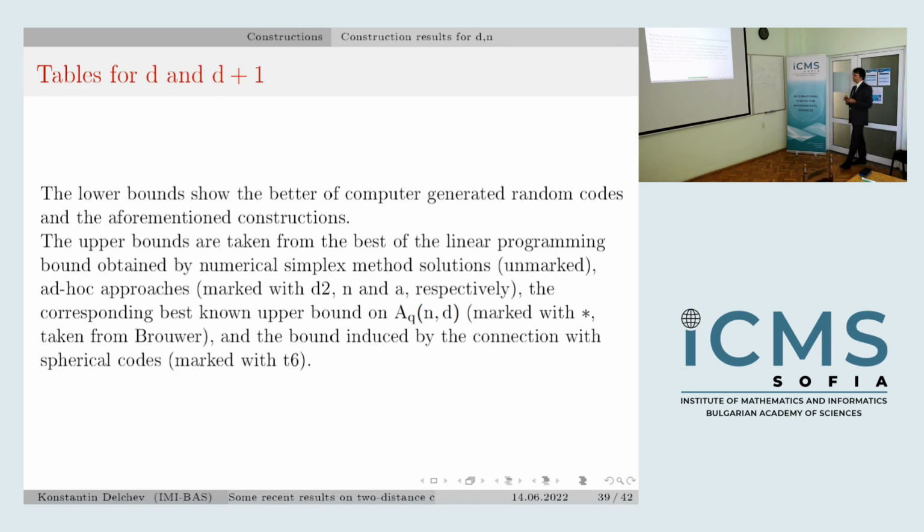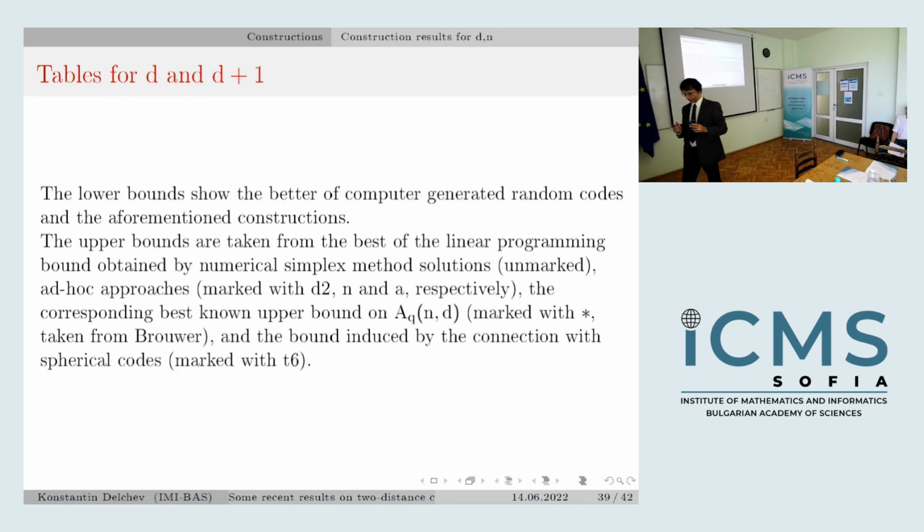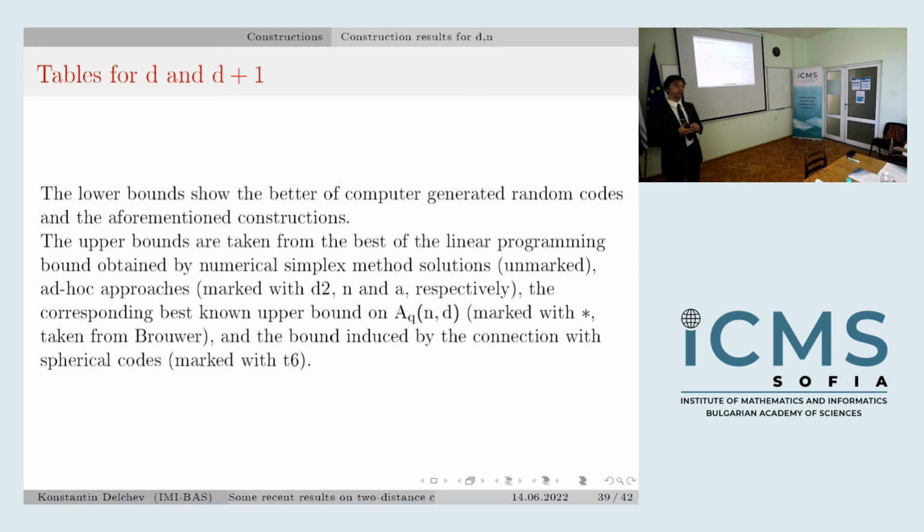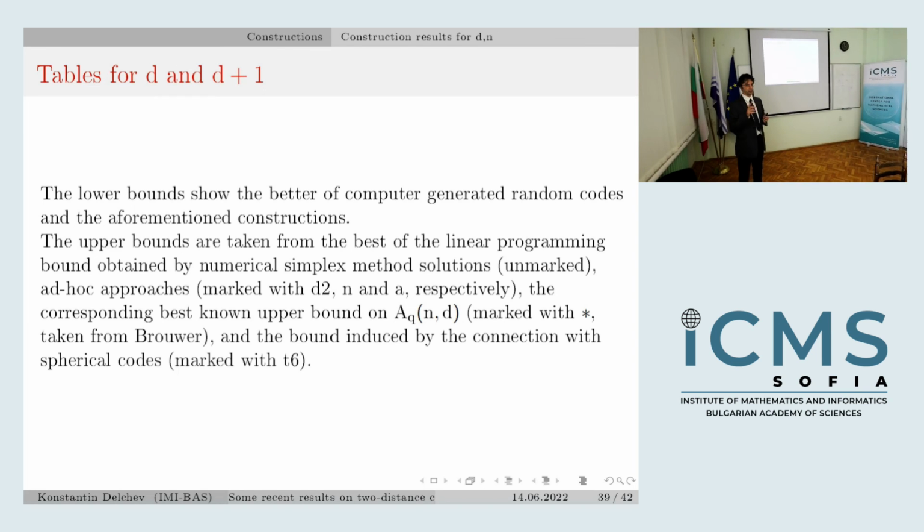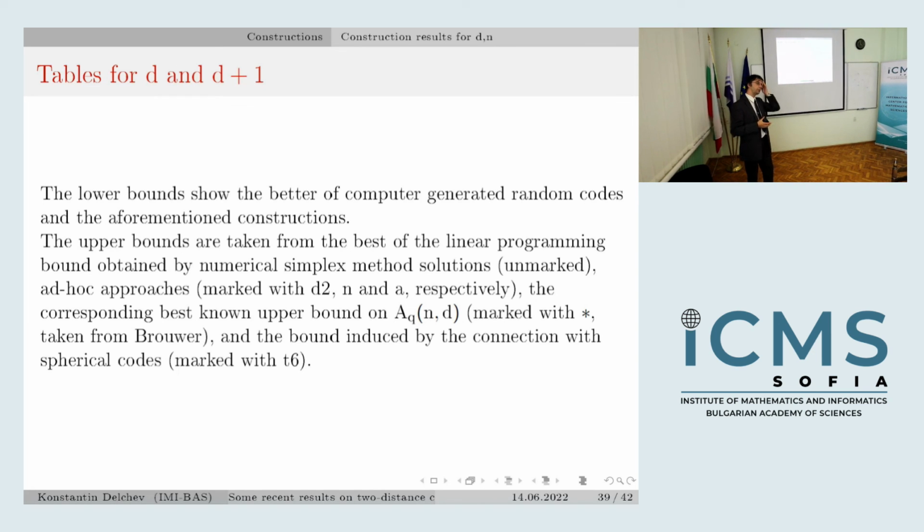What we will see is lower bounds, which are existing constructions that either are some of the known ones or arise from computer-generated codes. The computer-generated codes are generated via random walks with backtracking. We start from a given seed of one or more code words. We make random jumps on the distance that we want to have, and if we can't go anywhere else, then we backtrack and try again.